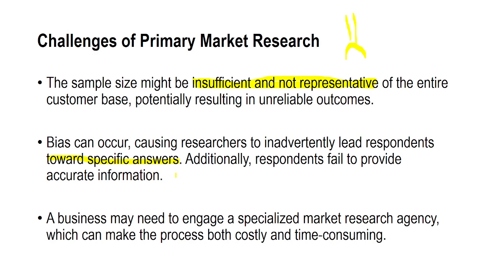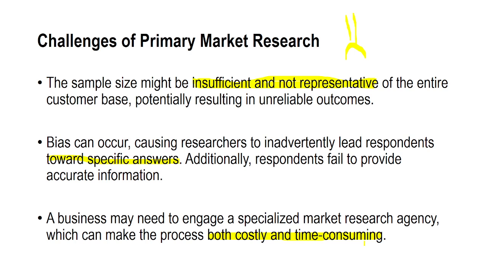And finally is cost and time. A business may need to engage a specialized market research agency, which can make the process both costly and time consuming. So, in summary, the limitations or disadvantages of primary market research are: first, it could be insufficient and not representative of the entire customer base and population.